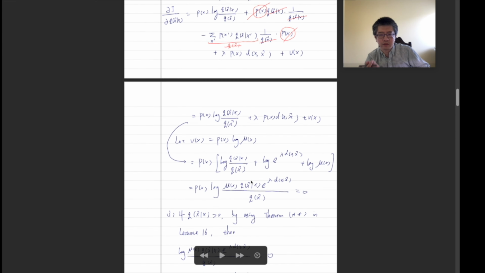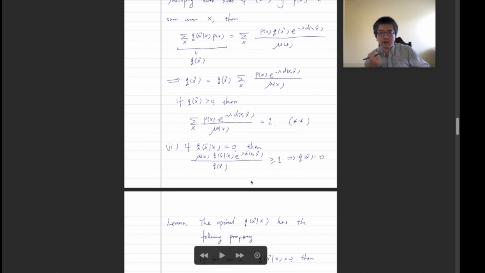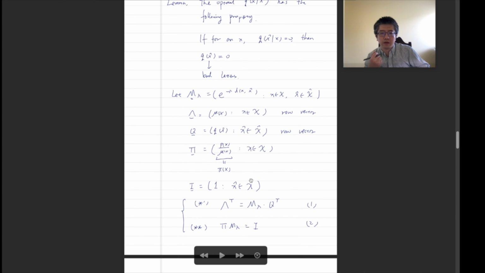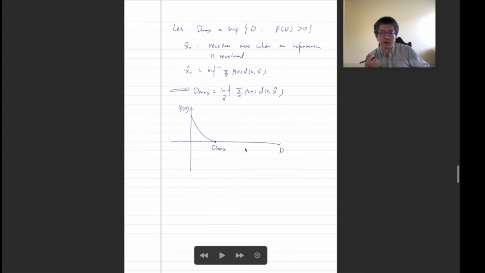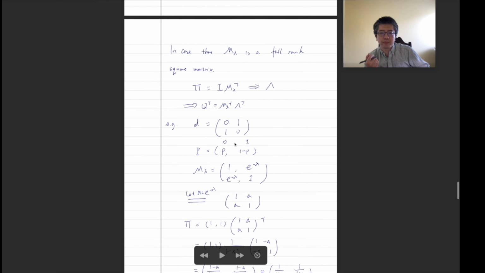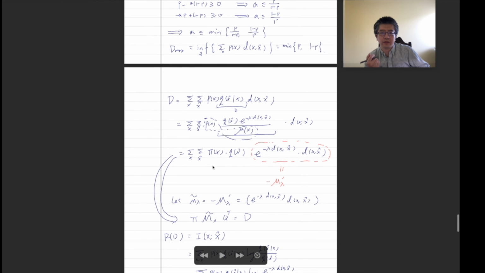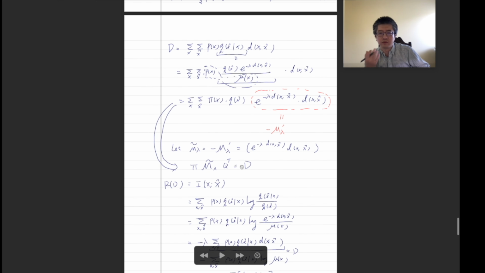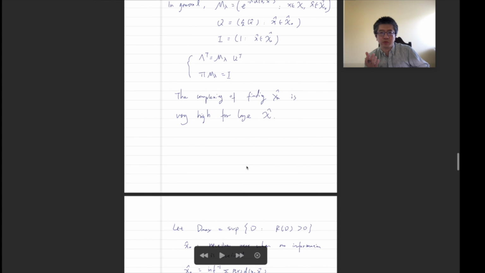In the end, we can obtain three important equations. The first equation is this, the second equation is this, and the third equation is to compute the distortion D, which is given by this.